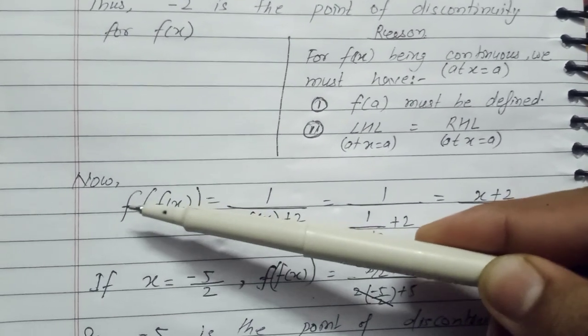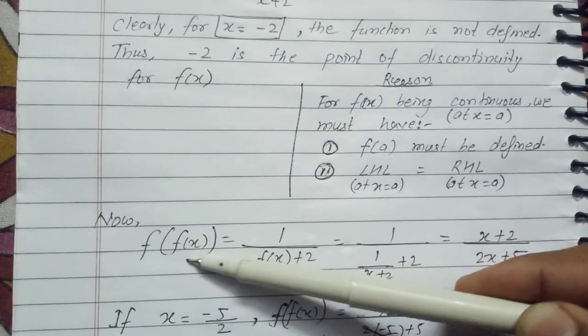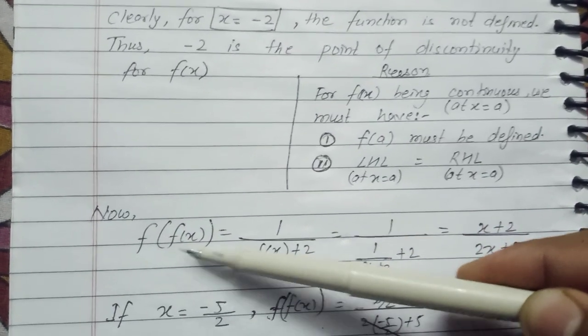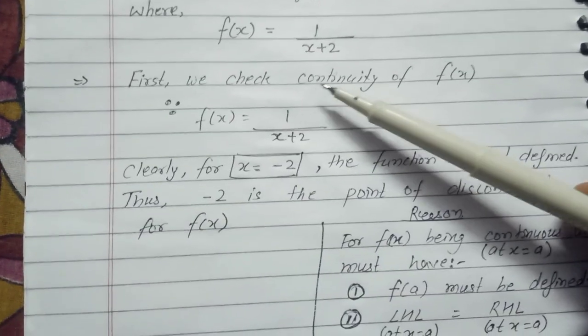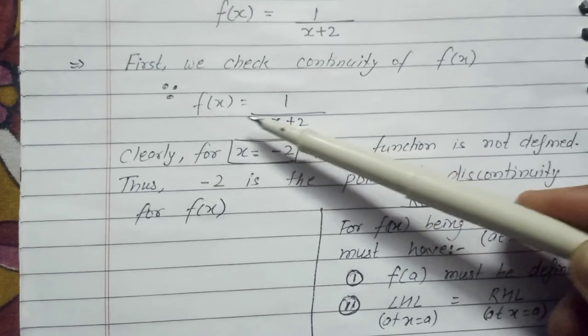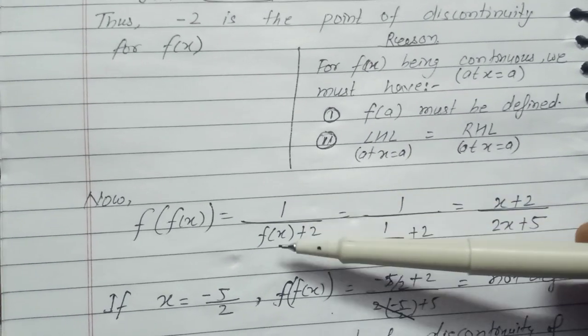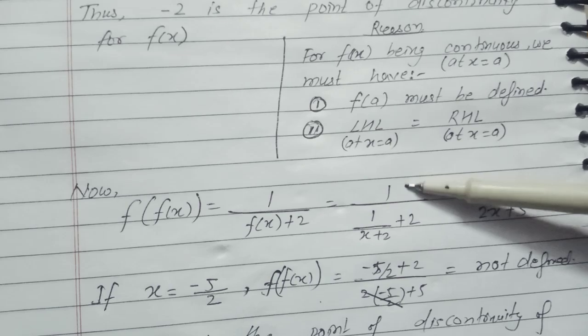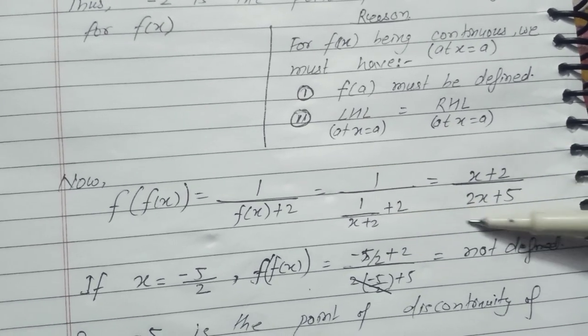If we find this composition function, the argument here is f(x), so 1 upon f(x) plus 2, because the functional value is 1 upon x plus 2, so in place of x we have to put f(x). So 1 by f(x) plus 2 is equal to 1 by, now we put the value of f(x) from here, and simplifying we get this.